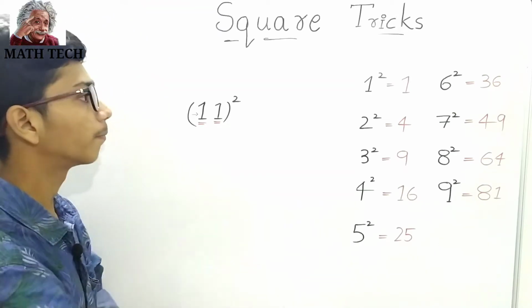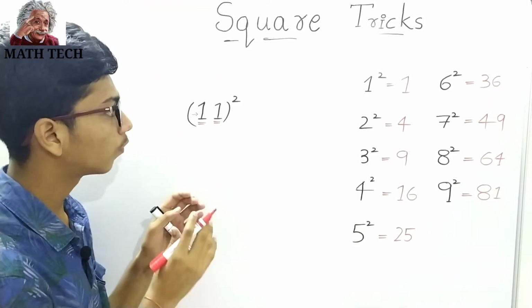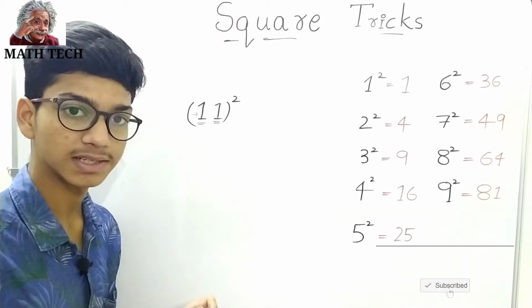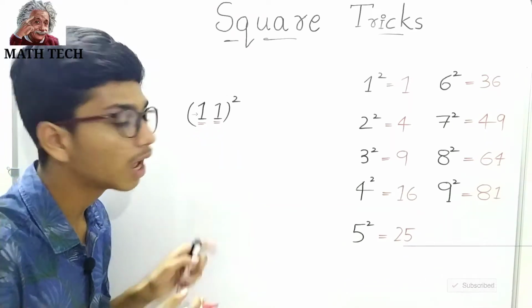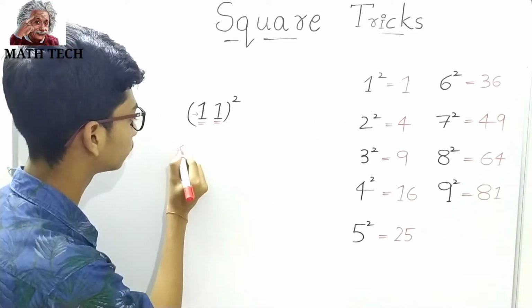So 11, this is the ones place and this is the tens place. The first step is to take the tens place. Here the tens place is 1, and square it. We already know that 1 square is 1.